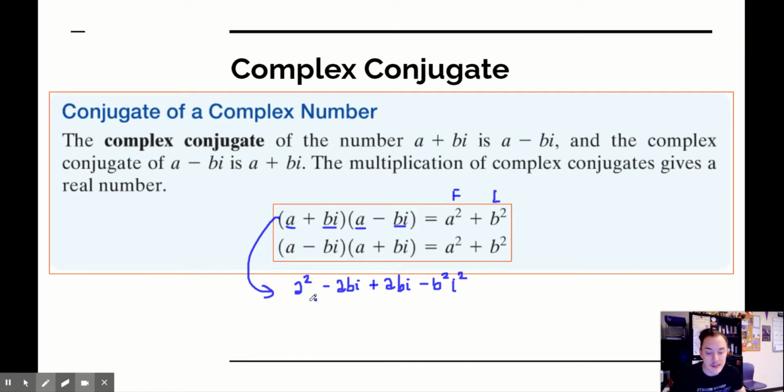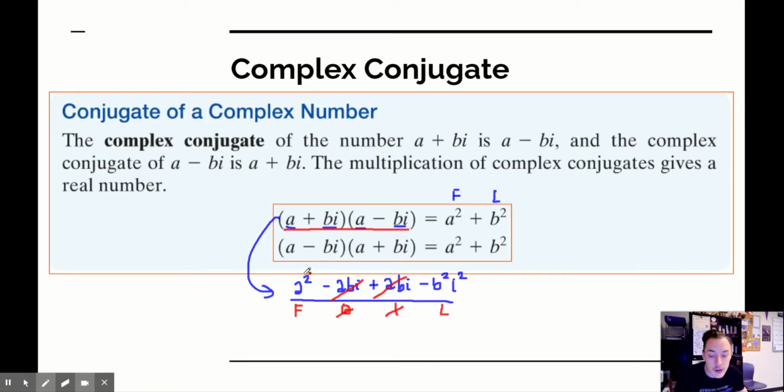Now, notice what happens here. First of all, this right here is my first. This is my outer. This is my inner. And this is my last term. My O and my I go poofy. So when you have a problem like this, in this format, what you can do is just skip the O and the I, because you already know they're going to cancel out.